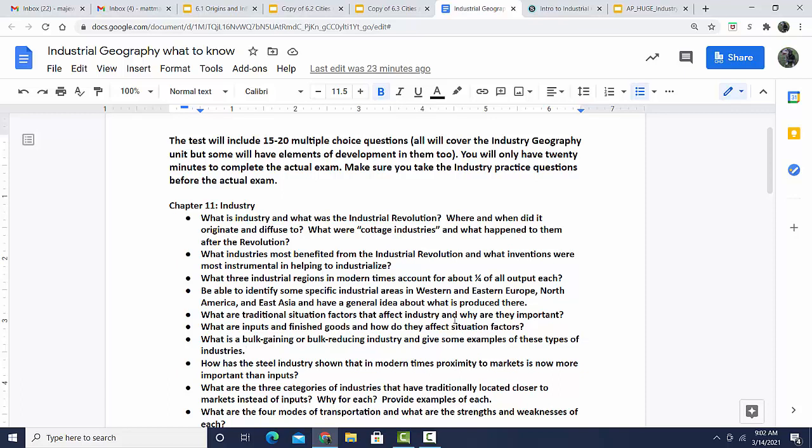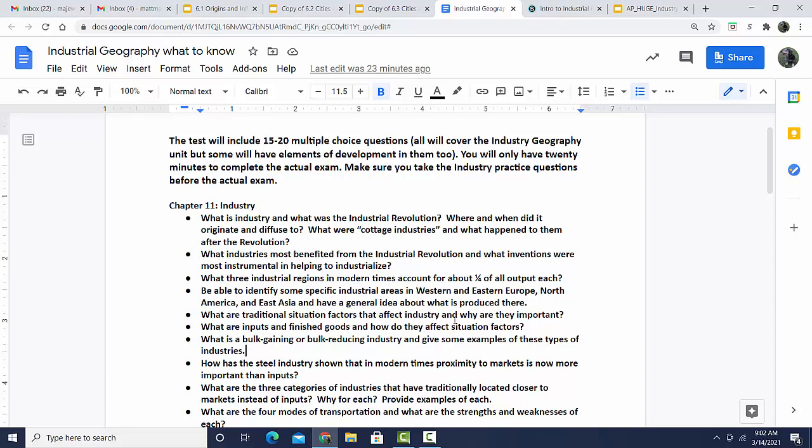Okay, other bulk reducing industries: a lot of food products actually are, especially processed food products. Think about Wheat Thins and the amount of wheat that has to be transported to those food processing facilities, along with the preservatives and other products. And what do you get out of it? You get these small little Wheat Thins that are made out of a much larger amount of ingredients.